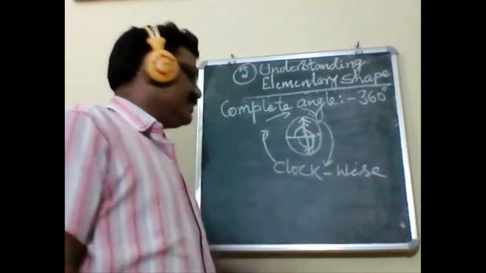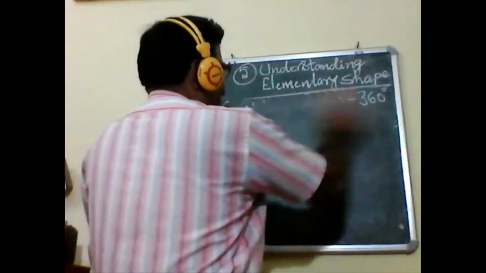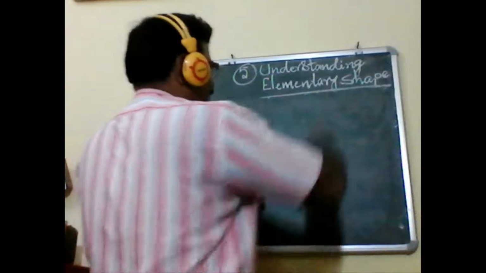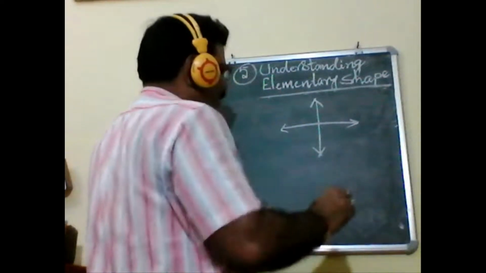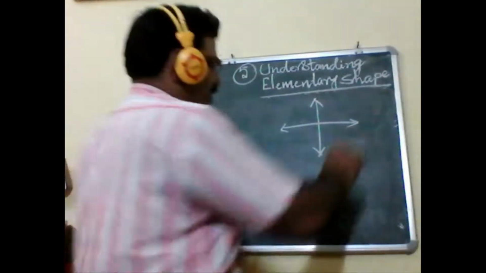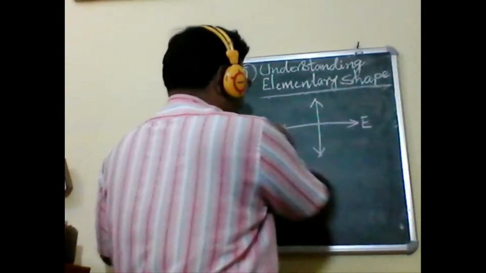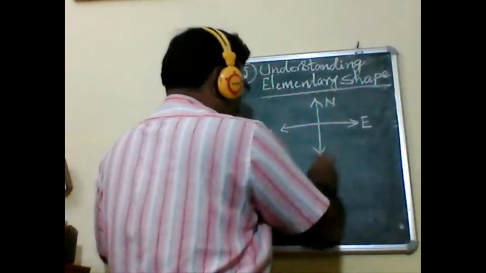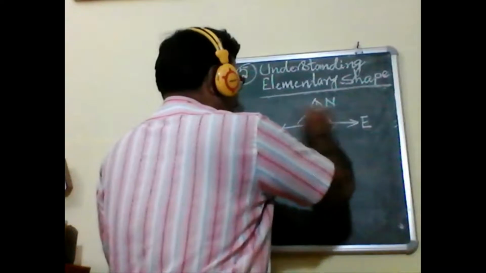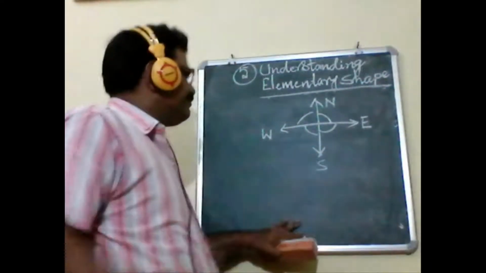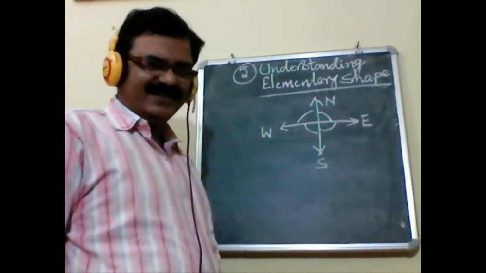In anti-clockwise, the same thing is repeated. Similarly, in the directions east, west, north and south, every turn will be 90. So this is making the angle with turning.